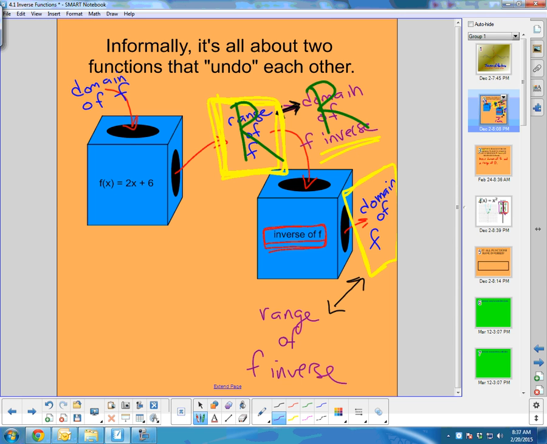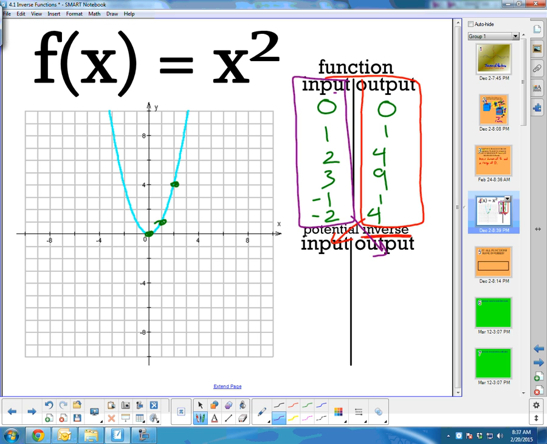And that's what was illustrated in this picture. So if the function has the point 0, 0, I switch them, the potential inverse has the point 0, 0. If the function has the point 1, 1, and I reverse them, I have 1, 1. It's a little weird because they have the same value, so it's not illustrated very well.